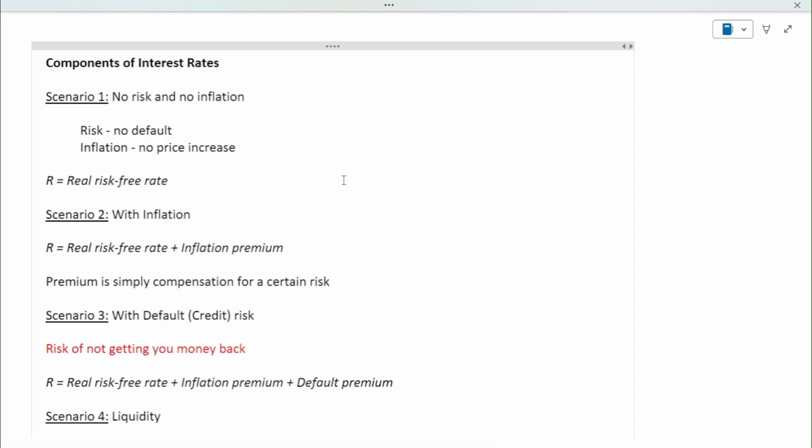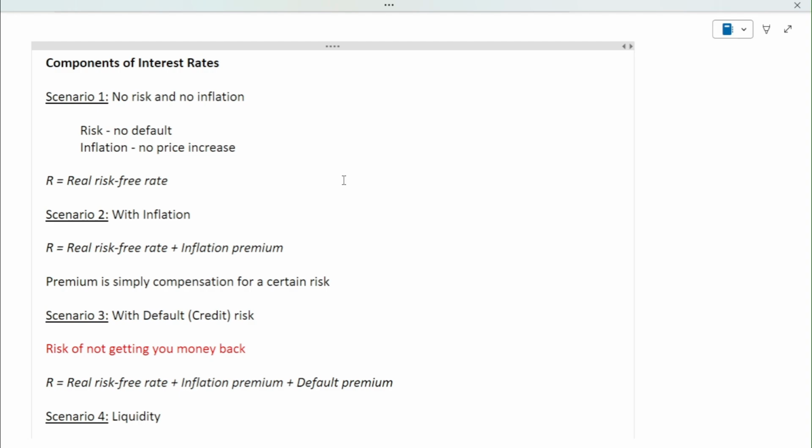Again, let's continue with the investor example, and you're still an investor and you are faced with different scenarios. Alright, in the first scenario, let's assume there is no risk and no inflation in the economy. By risk, we mean here no default, meaning if you lend $1 to a friend or to a company, you are certain that you are going to receive it back. Inflation means increase in the price of goods and services.